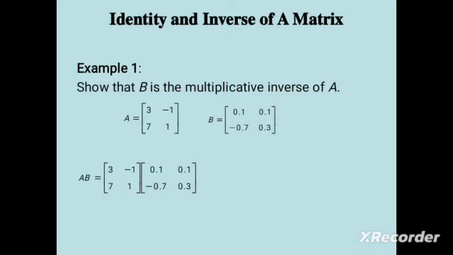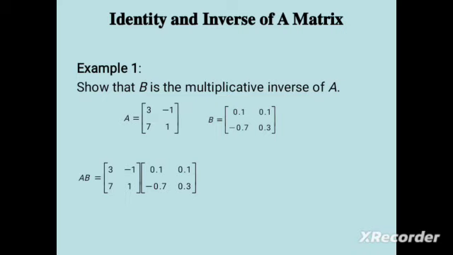To show that B is the multiplicative inverse of A, we have just said that when AB is equal to the identity, A is the matrix and B is its inverse.